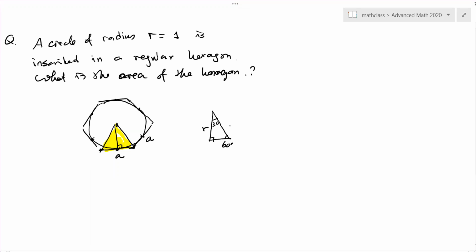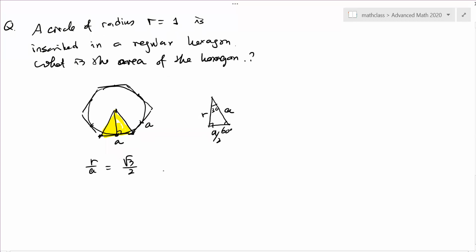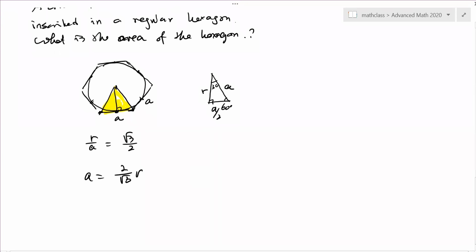So the other side, this is half of a, half the edge length, right? Then you have the relationship r over a is square root 3 over 2. So you can get a equals 2 over square root 3 times r. So if the radius is given, then the edge length of the hexagon is given.